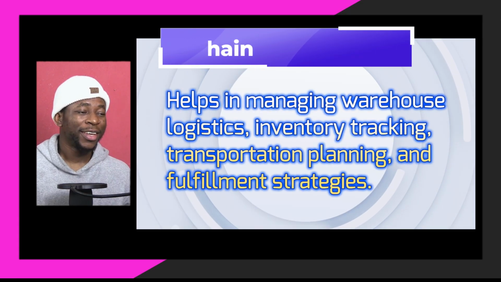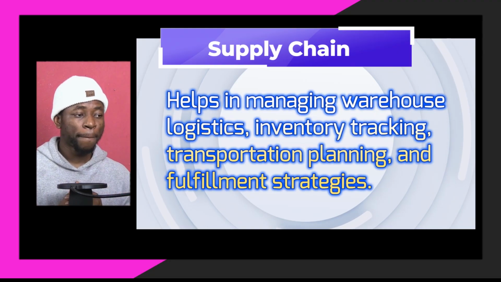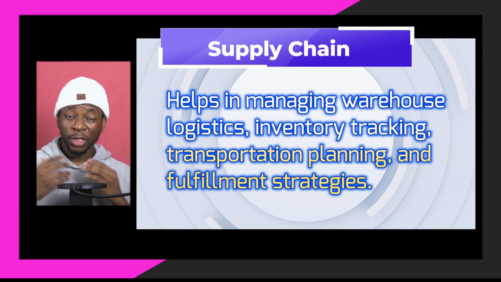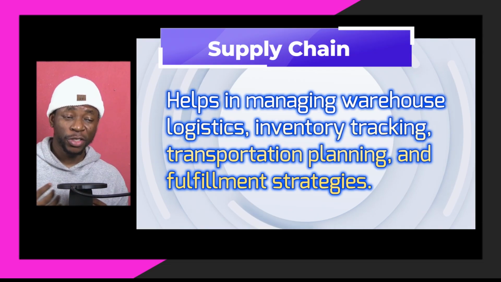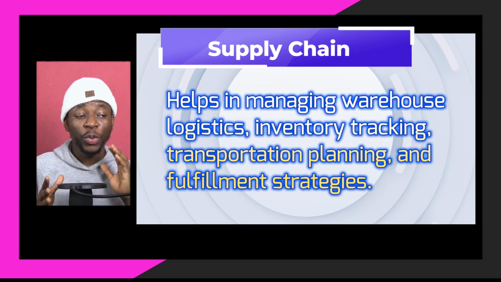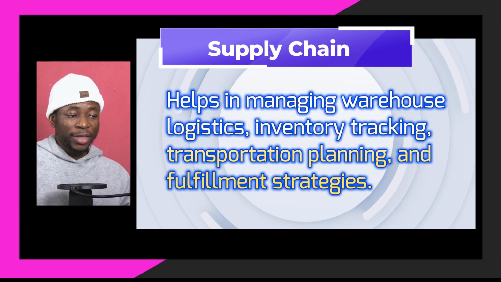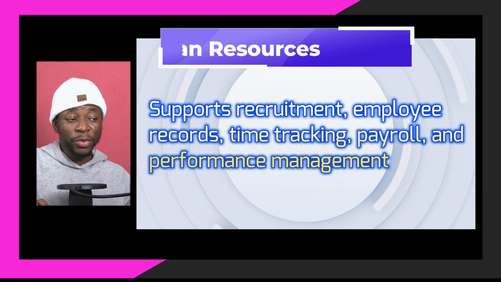There's also the system that has to do with the supply chain. It helps in managing warehouse logistics and inventory tracking, transportation planning, and fulfillment strategies. This ensures products reach customers quickly and stock levels are optimized. Of course, the last one, the human resources.